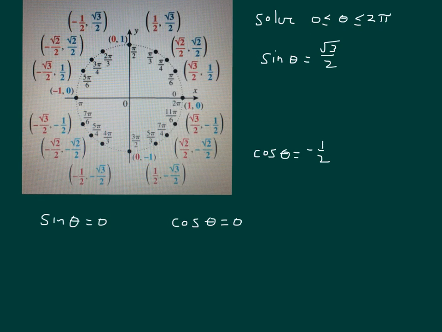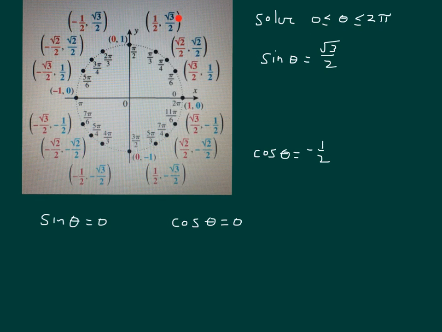For example, let's look at the first one. Sine of theta equals square root 3 over 2. So I need to identify every angle, every location that has a y-coordinate of square root 3 over 2. Looking at the y-coordinates in blue, I see a square root 3 over 2 right here, and another one right here.